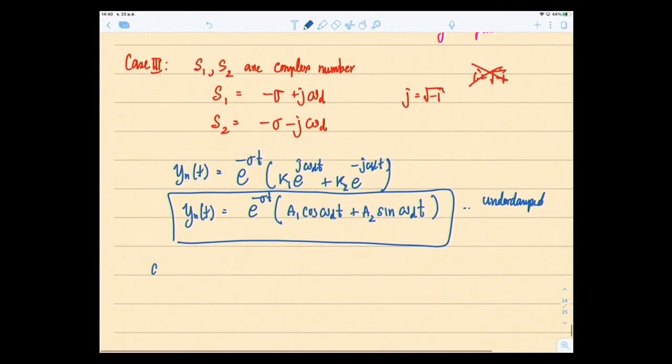What does damping mean? Underdamped, overdamped, critically damped. Damping is a gradual loss of initial stored energy.